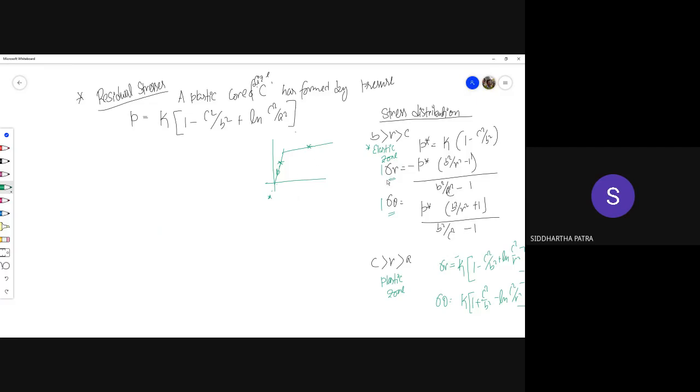So the loading and unloading for each zone is not by the same amount, and that's why we develop residual stress. And even in the plastic zone, if you have raised this material to these two stresses, you would be unloading by a different stress. Okay, and possibly in the plastic zone, you would end up being somewhere in the tensile side. Okay, if the original loading was in tension.